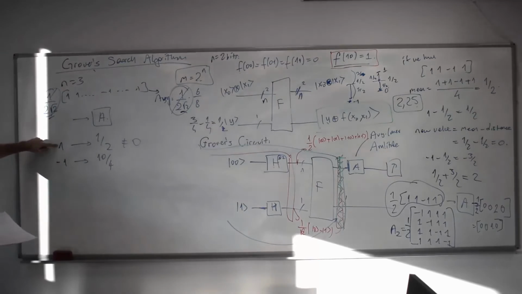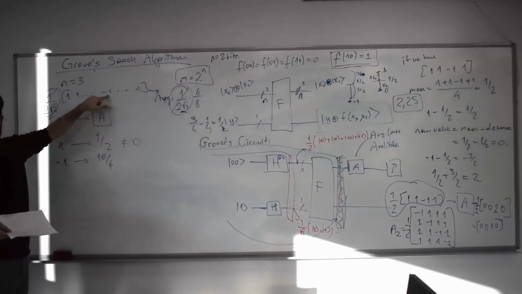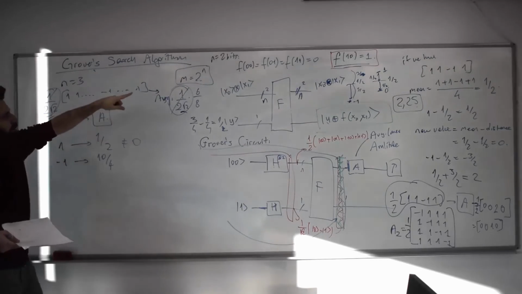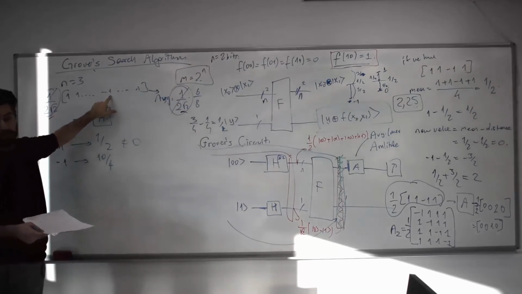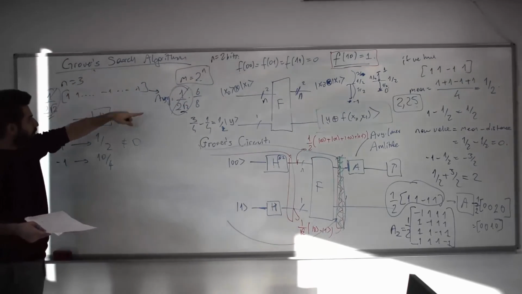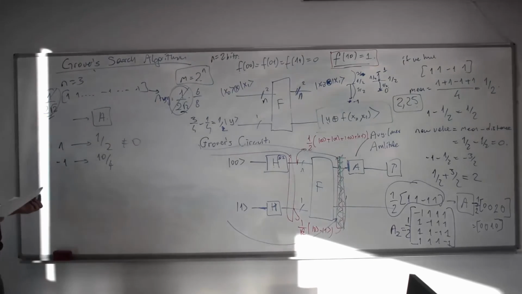Although the probability of seeing all these undesired outcomes goes to something smaller, and the probability amplitude of the desired input is going up over the average, they're still not ideal.